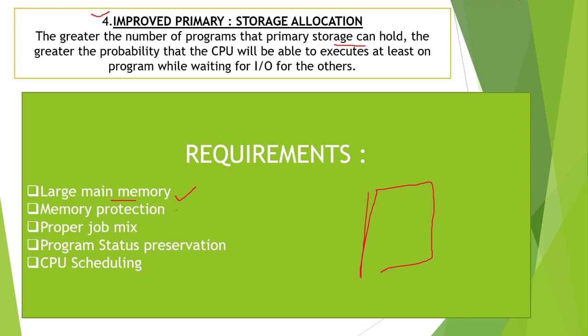Next, memory protection. There should be a protection mechanism inside the main memory, because there are several programs stored inside the main memory, and one program should not interfere with another program. It means one program should not overlap or interfere with another program, or destroy its execution, its working or its content. So we should have a memory protection mechanism in a multi-programming system so that programs and processes are separated from each other.